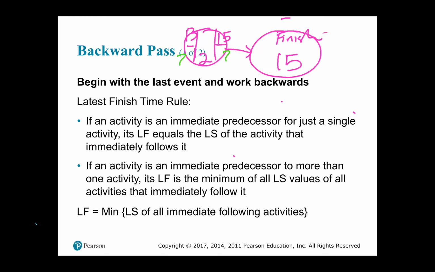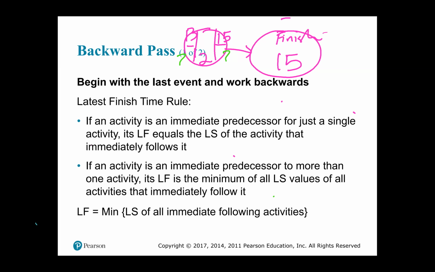And if an activity is an immediate predecessor to more than one activity, its late finish is the minimum of all late start values of all activities that immediately follow it. So the late finish of an activity is the minimum of the late starts of all immediate following activities. It's easier done than said. So let's demonstrate.